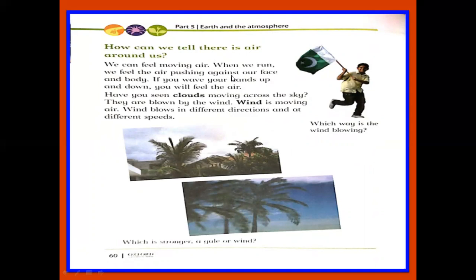If you wave your hands up and down, you will feel the air. Have you seen clouds moving across the sky? They are blown by the wind. Wind is moving air. Wind blows in different directions and at different speeds.